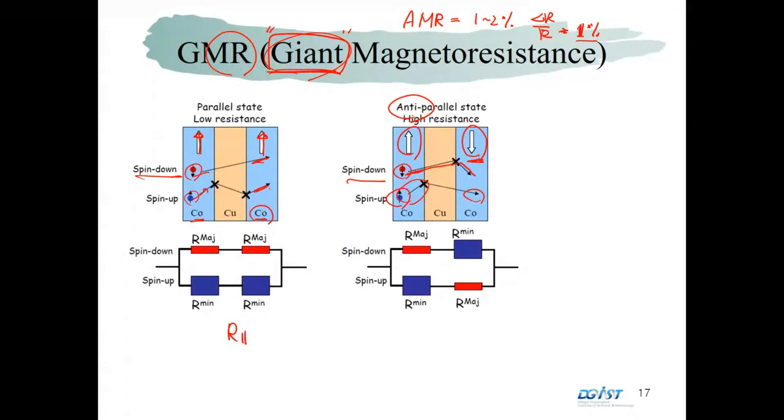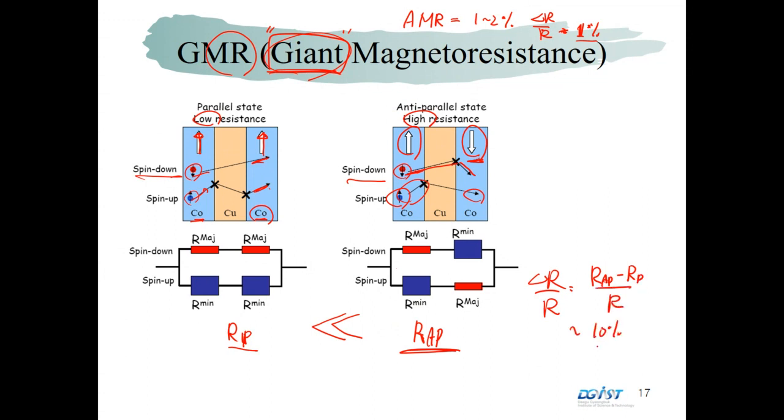This parallel case and this anti-parallel case: the resistance of the anti-parallel case is larger, called the high resistance state and low resistance state. And the ratio of the difference is on the order of 10%.